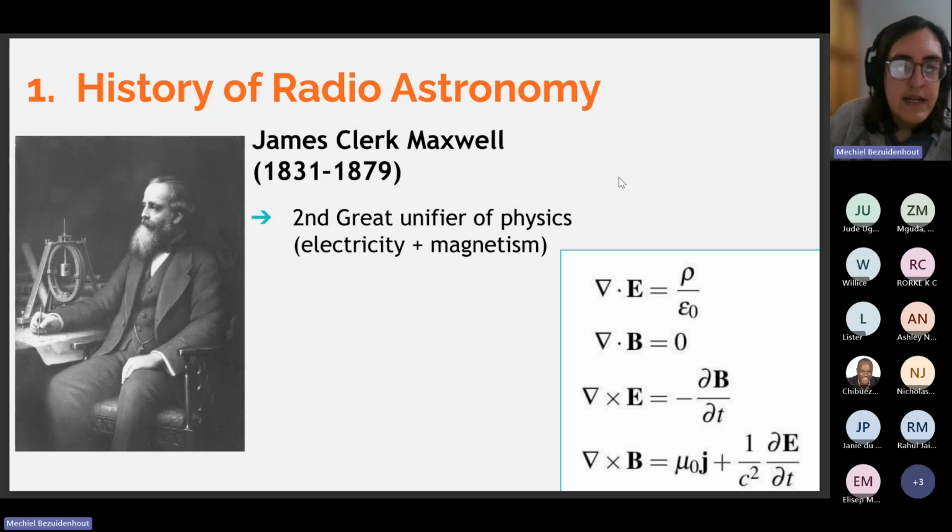And so to this day, a big project in physics is to unify different forces and to get some grand unified theory. And Newton and Maxwell kind of started that process off.